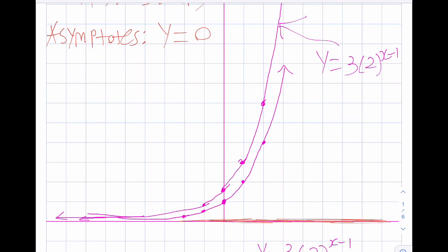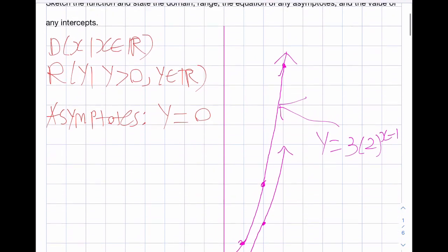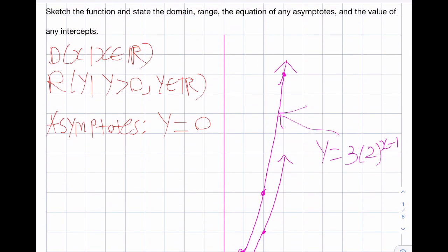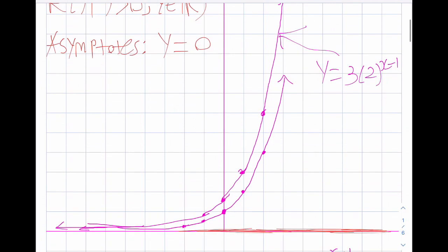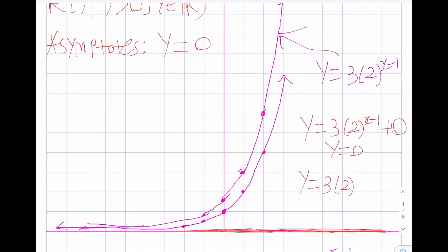And guys, how you find a horizontal asymptote of an exponential function is when you look at the equation of the exponential function, and in this case there's no number after the equation. So for example, there is no number here, it's just 0, so we say that y is equal to 0. But let's say there is a vertical translation of +2. Now we will have a horizontal asymptote of y is equal to 2.